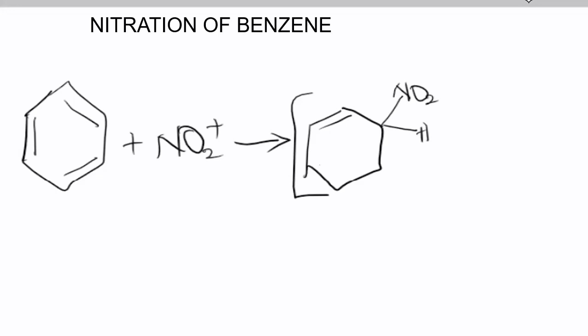So if the nitronium ion reacts with this, when this hydrogen is lost, I'll have this double bond replaced.